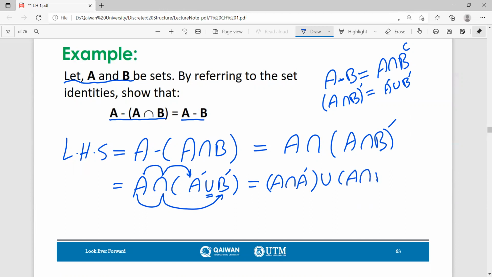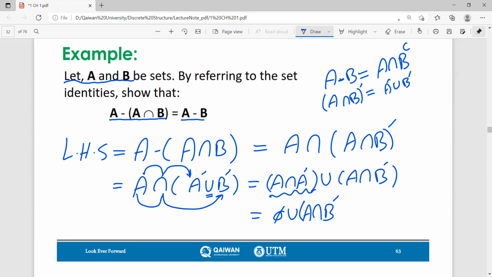We said that there is no common element between a set and its complement. That means the intersection of A and A complement is an empty set. So we get the empty set union A intersection B complement.